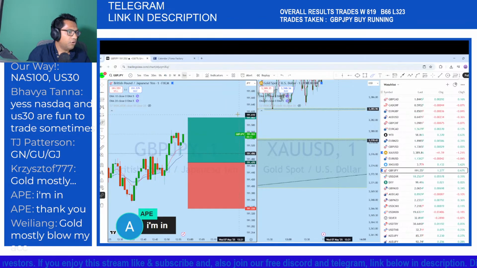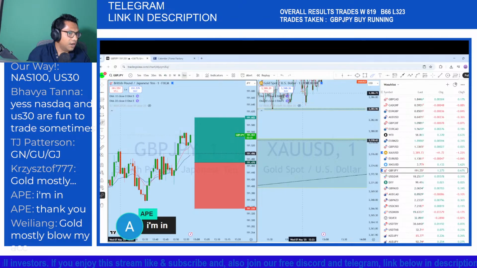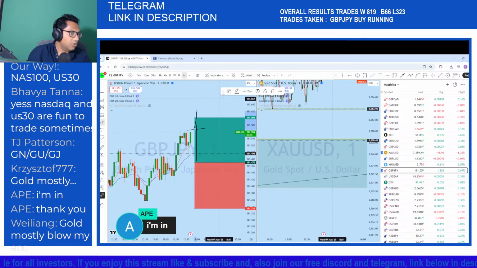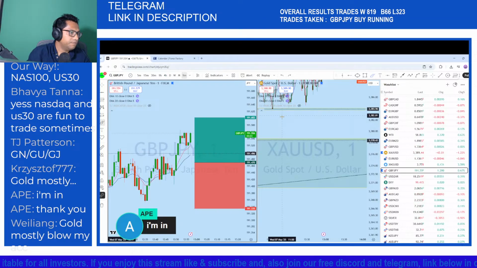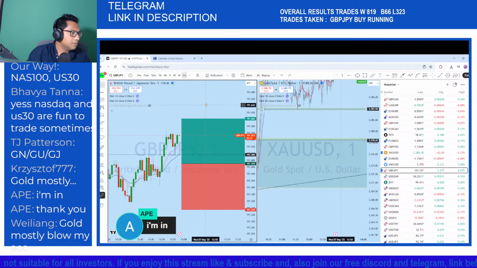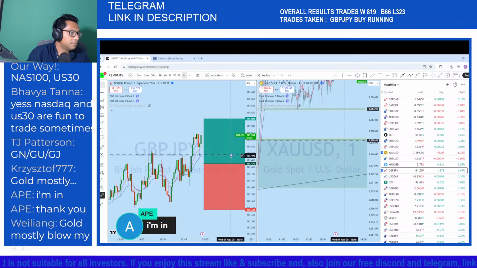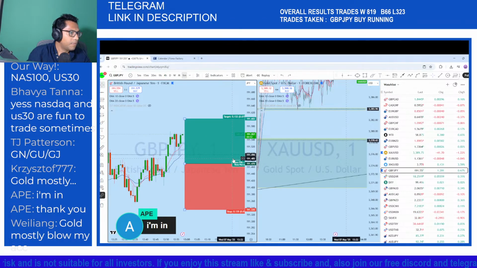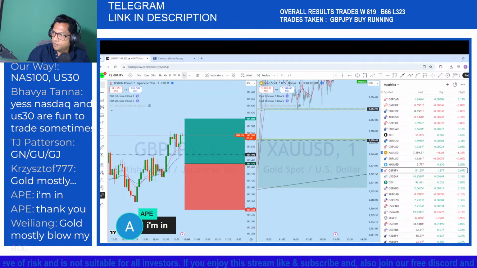So holding it for a new higher high, and with that new higher high we can look for a TP hit in that area. So you're almost 5 pips away from the TP.